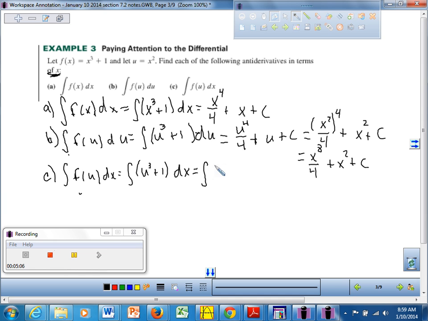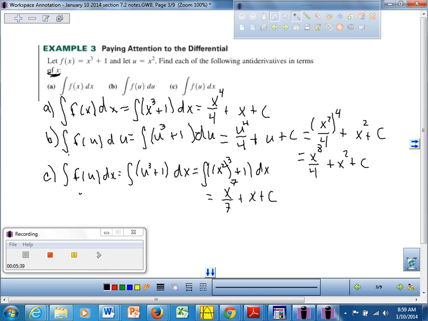Substitution. Our u is what? X squared cubed plus 1. And that is x to the 6th plus 1, so when we integrate that, we get x to the, careful, x to the 7th over 7 plus x plus c.